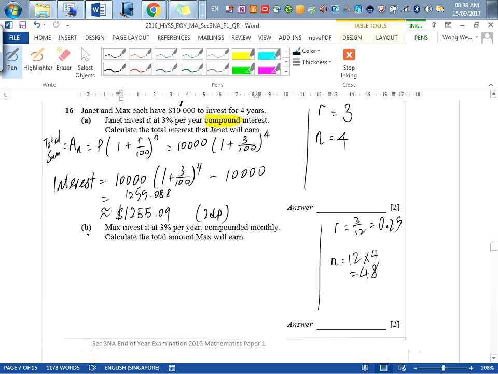Okay, so now I can substitute it inside here. Total sum is equals to P times 1 plus R over 100 to the power of n. That is 10,000, 1 plus R, which is 0.25, over 100 to the power of 48.